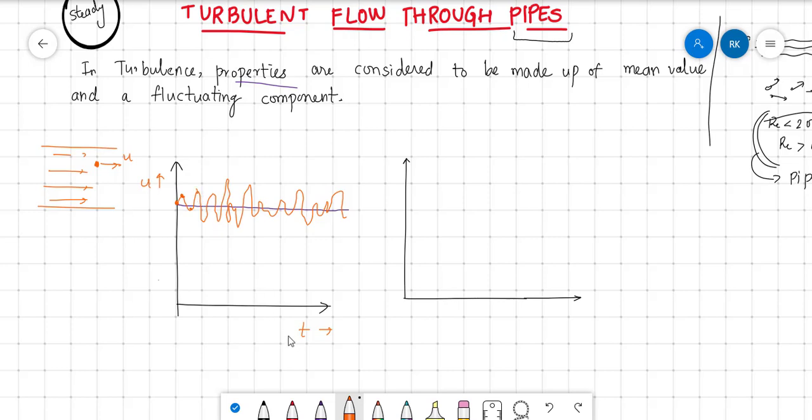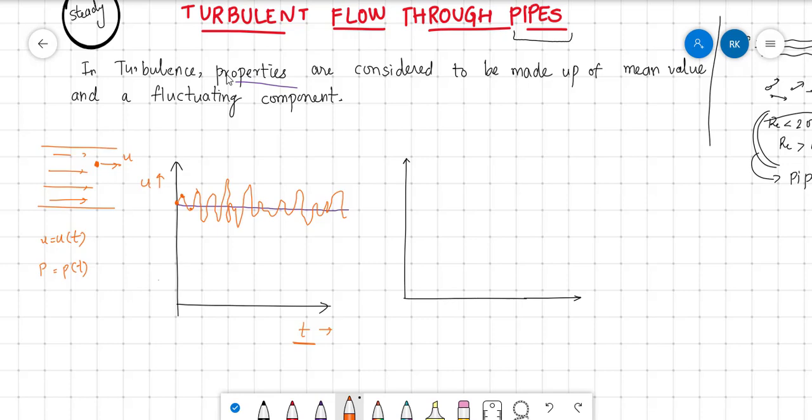When the property is plotted with respect to time at a particular point, the velocity fluctuates. So this is a function of time. As time increases, the velocity is changing. So velocity is a function of time, and pressure is also a function of time. Like that, different properties are functions of time.